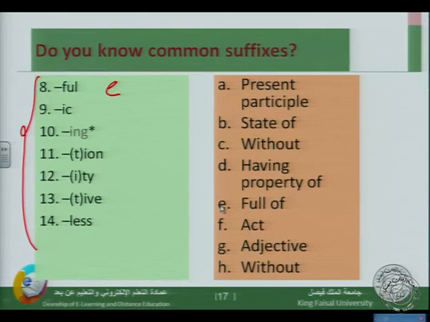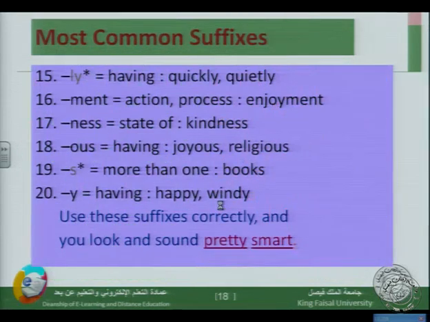Icy, it's also used to talk about something having the property of, like linguistic. Okay, the ing, we said it's used to talk about present, and it means present participle mostly. So do the rest by yourself. 11, 12, 13 and 14.